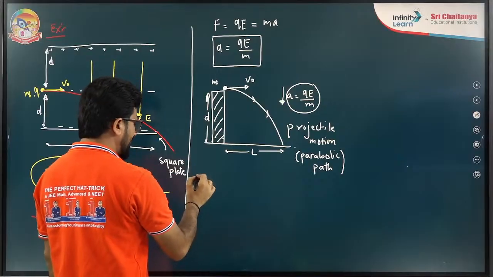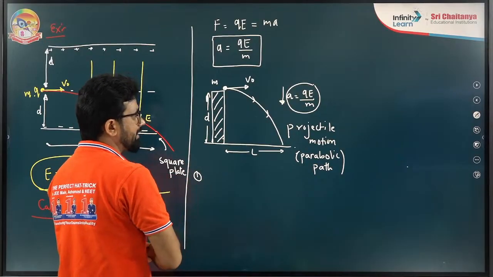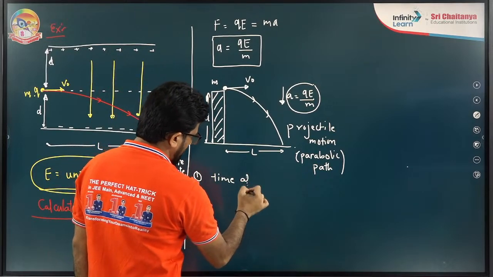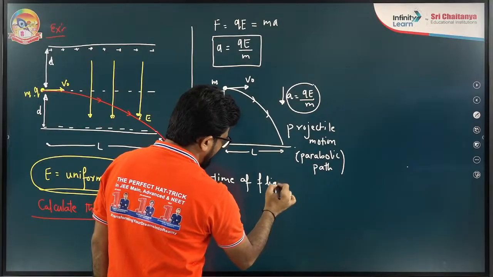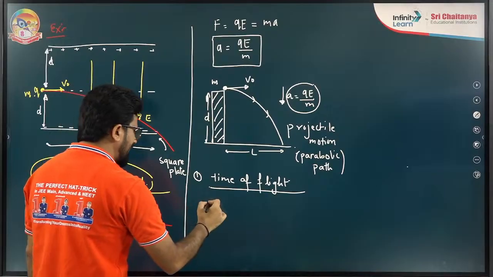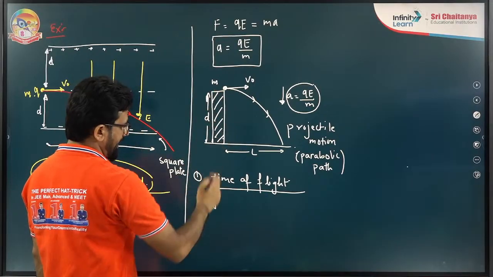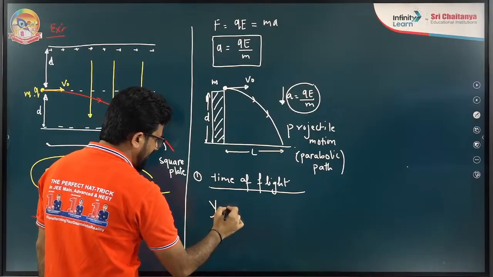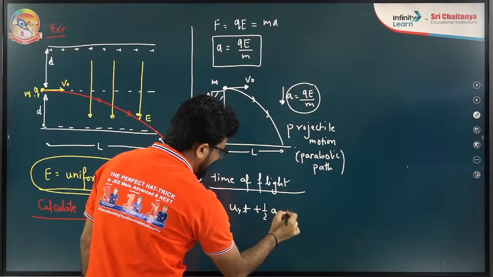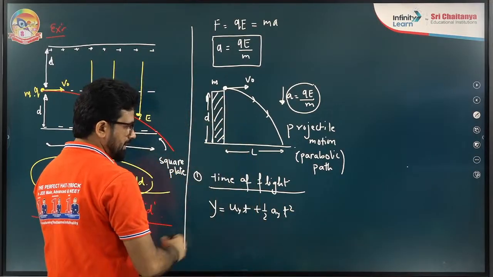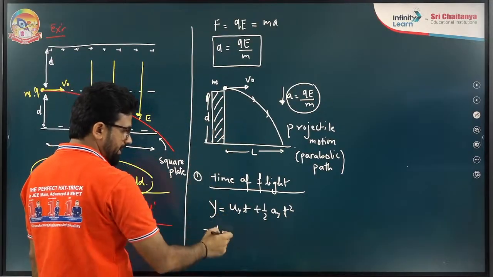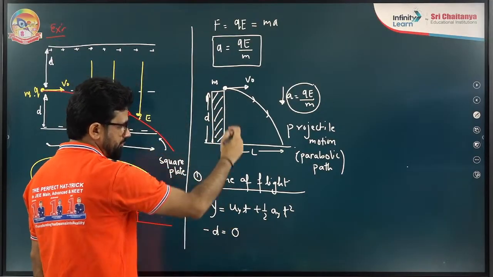Very first thing, suppose I want to calculate the time of flight. Time of flight we know is calculated from vertical motion only. For vertical motion the height is given to you. So directly you can say y equal to u_y t plus half a_y t square. The displacement in y direction is minus d. The initial velocity in y direction is 0.